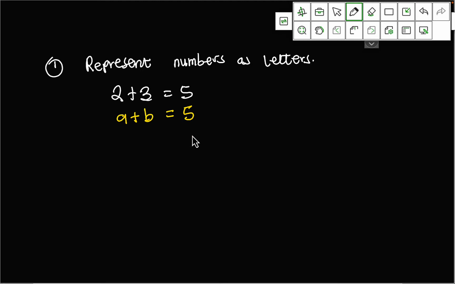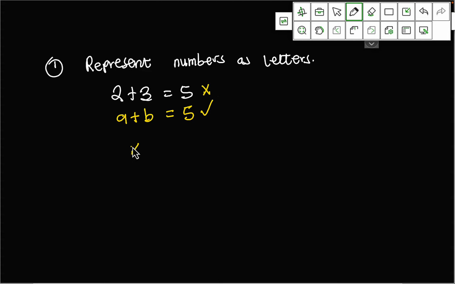Now, in one sense, these two equations are comparable in many ways, but one is purely algebra and the other is not. You understand? Now, these alphabets that we use are called variables.